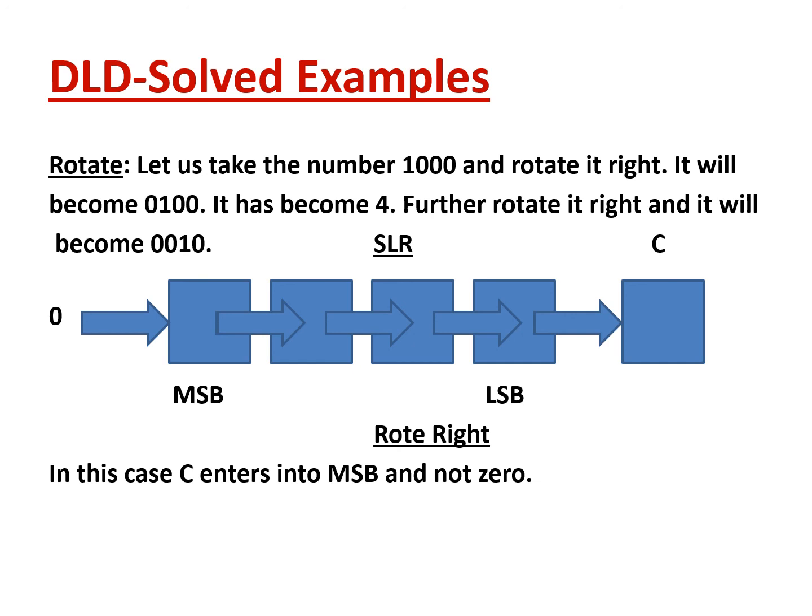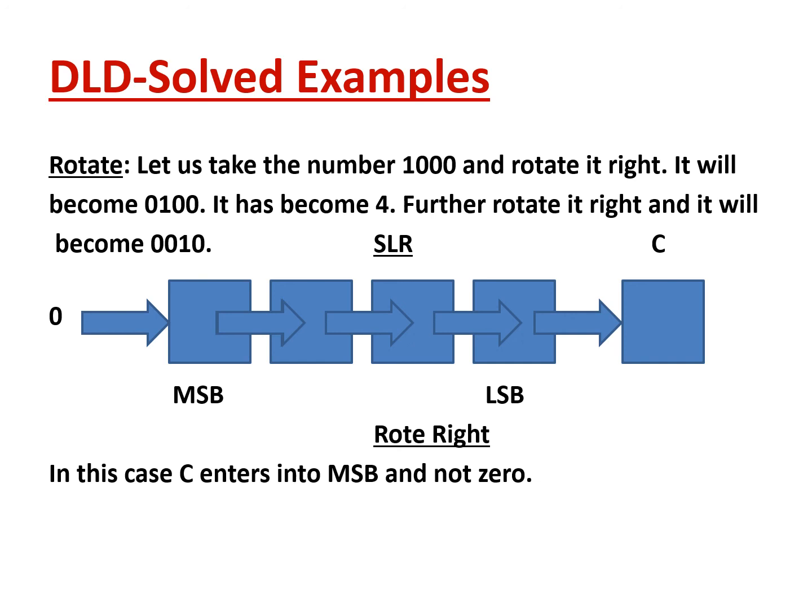In the logical shift right, the MSB is shifted to the right, to the third position, then the second, and then to the first, that is the LSB. And the LSB is shifted to the carry, and in place of the MSB, a 0 is entered.